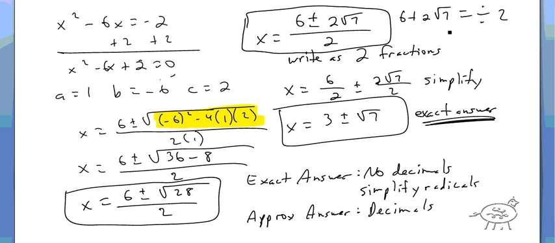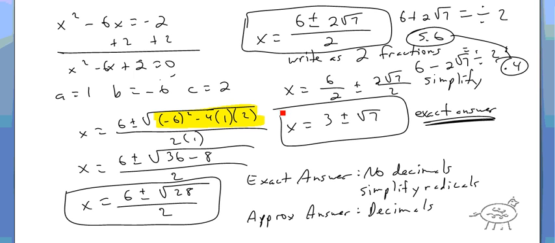And if you do that in your calculator, you will get 5.6, rounded to 1 decimal place. And then if you do 6 minus 2 root 7, hit equals, divided by 2, that gives you 0.4. So these two answers right here are your decimal answers. Okay, so exact answer looks like this. Decimal answer looks like that.